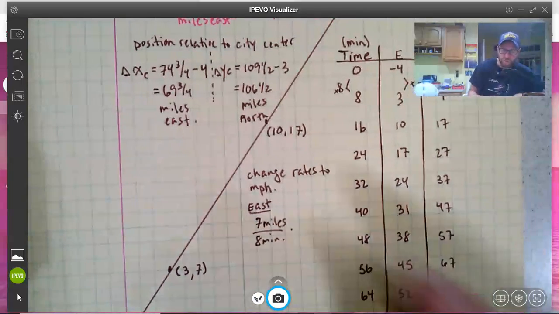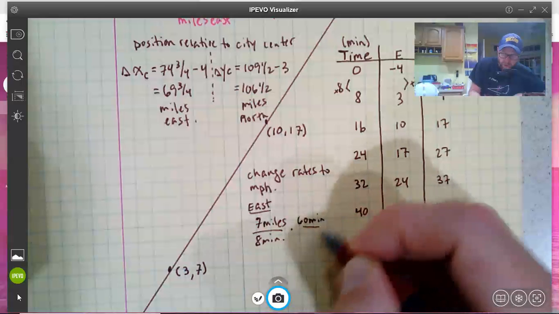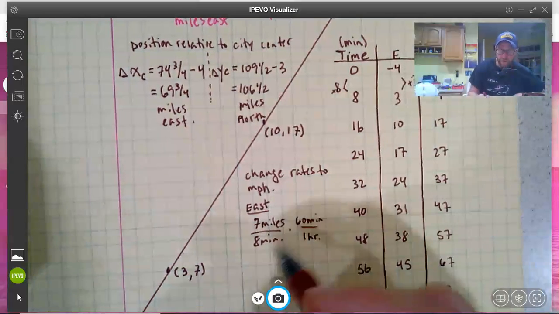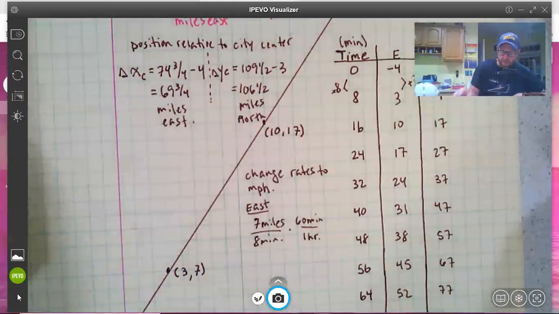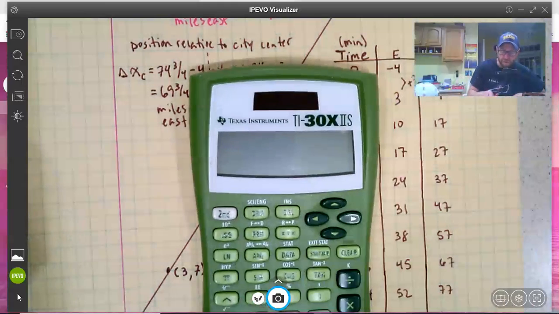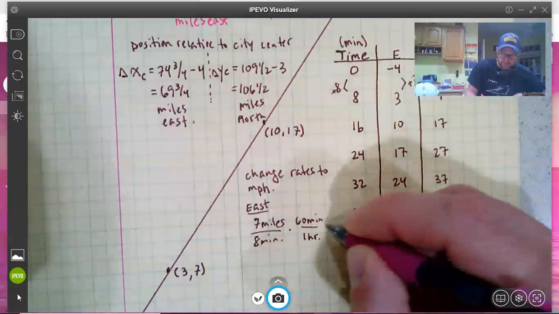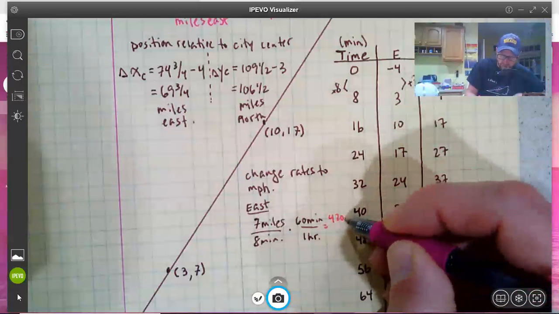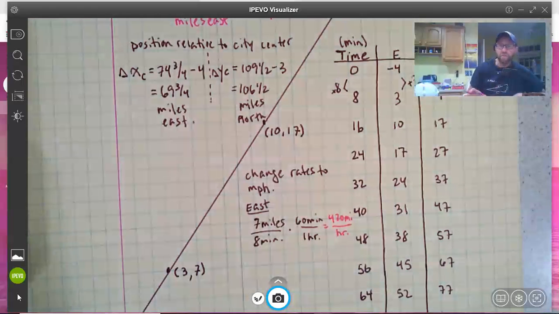We're just going to convert that by writing 60 minutes over 1 hour. So then minutes will cancel with minutes, and we'll be left with miles per hour. So 7 times 60 is 420 miles per hour in the eastward direction.